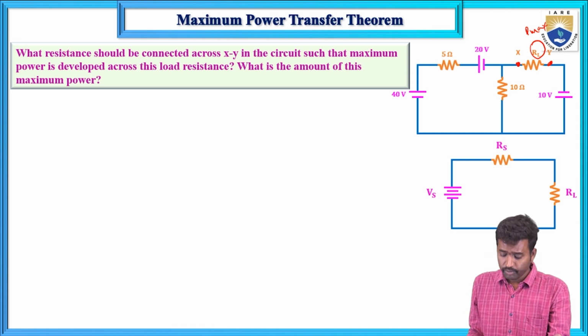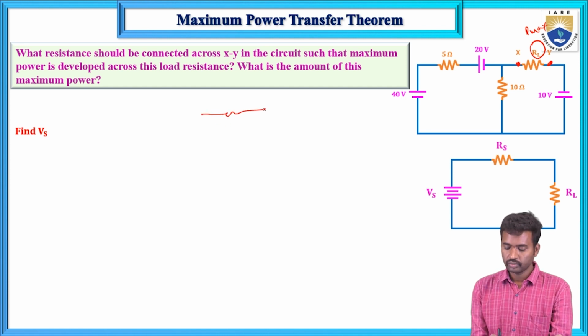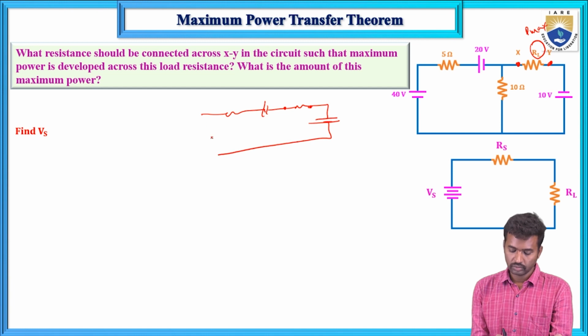Now for the Vs calculation, first draw the circuit: 40 volts, 5 ohms, RL, 20 volts, 10 ohms and 10 volts, with the polarities marked.